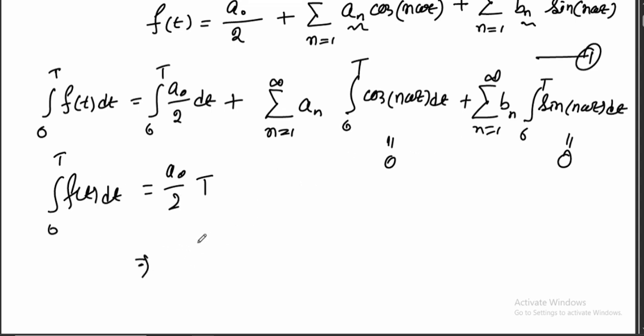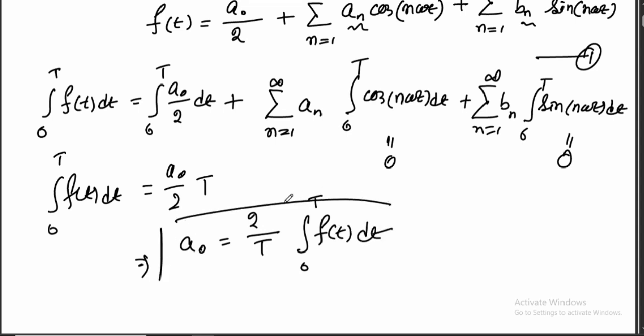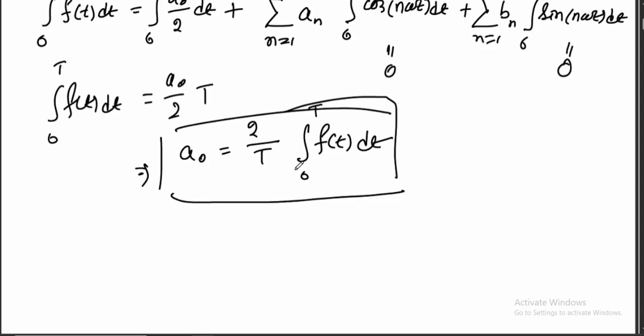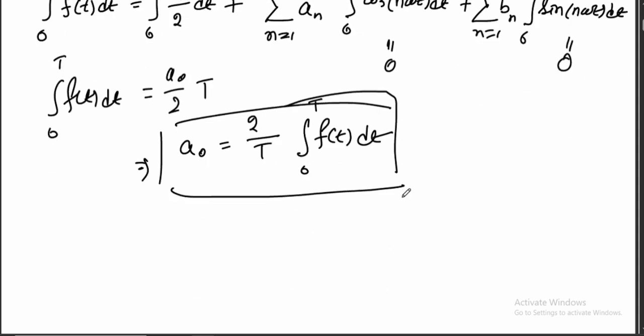These are all 0. So we get a0 equals 2 by T integration 0 to T f(t) dt. This is the first coefficient, a0.